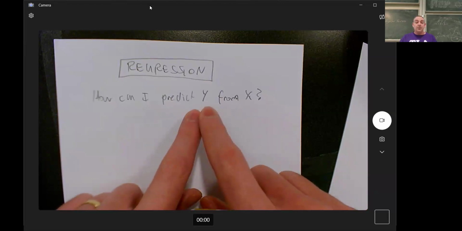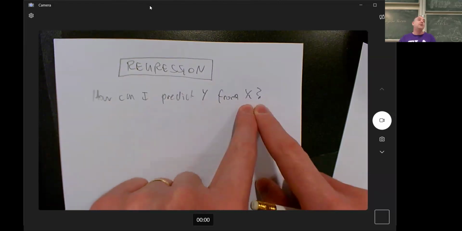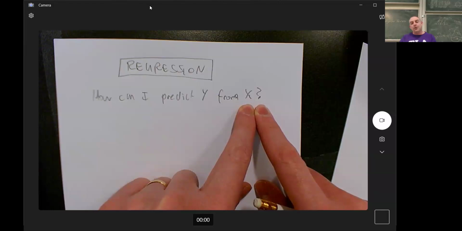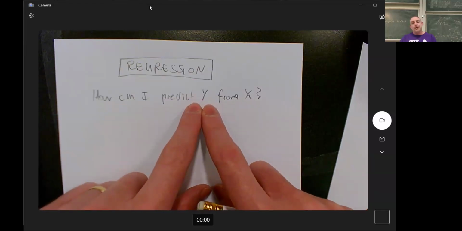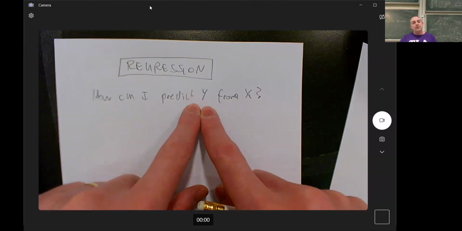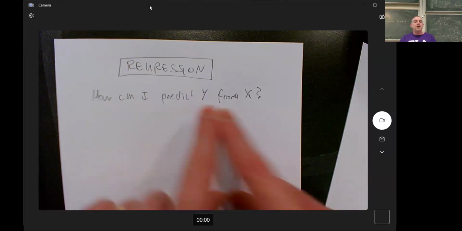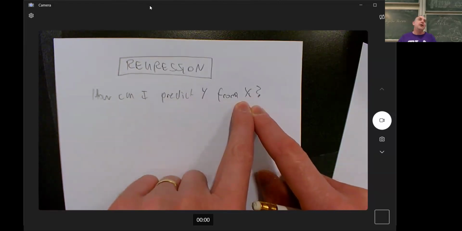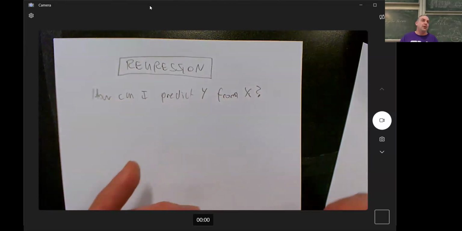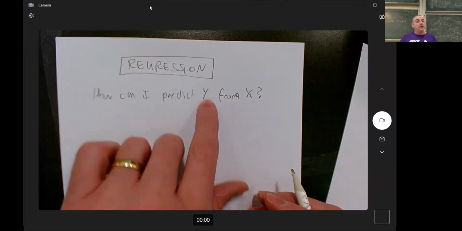So how can I predict my sales from the amount I spent on advertising? How can I predict the number of likes on my Instagram post based on what time of day I do it, and whatever. There's anything you can do, but you can try and predict this using this.